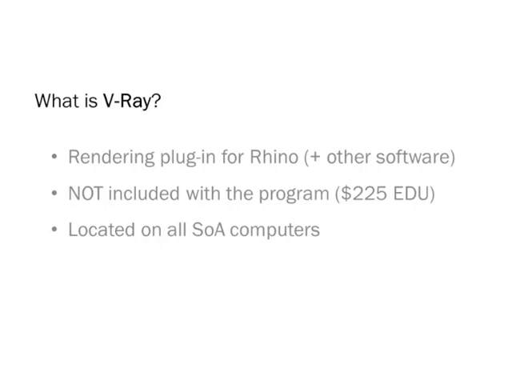One caveat is that since it's not included with Rhino, even if you bought Rhino, you don't have VRay. If you want to buy it, I think it's $225. I do not recommend that you buy it. I don't think you'll use it that much. I think the school machines have copies of it.